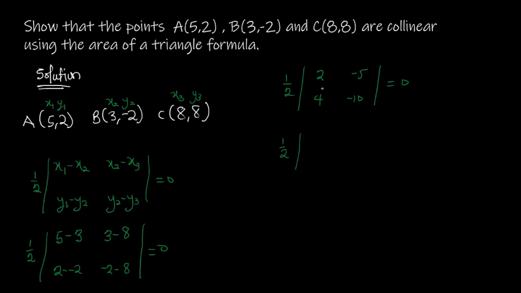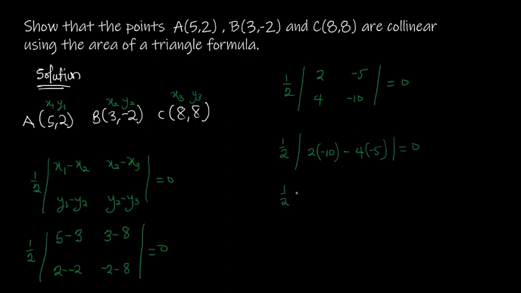So I'm going to multiply the leading diagonal and subtract the second diagonal from it. So it will be, I have 2 multiplied by negative 10 minus then the adjacent diagonal 4 multiplied by negative 5 is equal to 0.